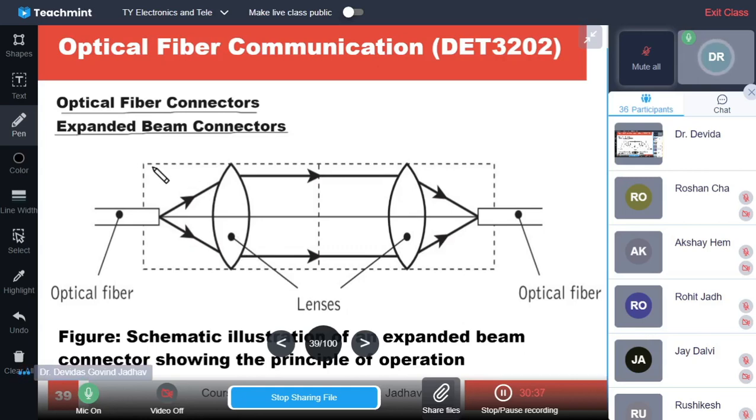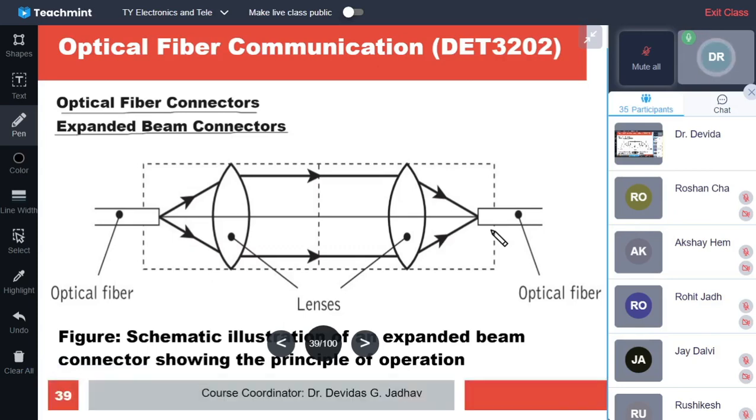These lenses are adjusted and placed in an external housing. So this dotted line is the external housing that holds the lenses and fibers, and at the same time aligns the fibers and aligns the lenses, because lenses require a particular alignment.